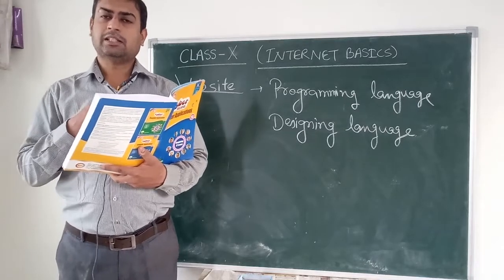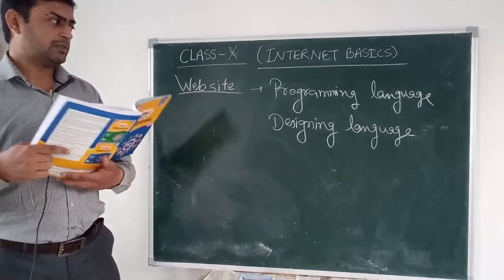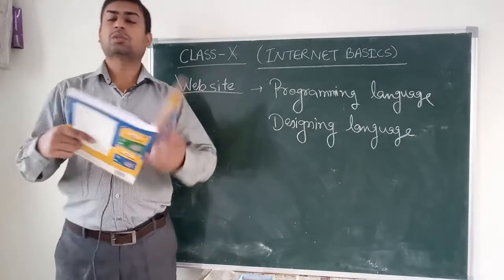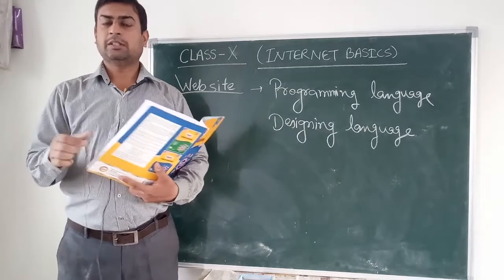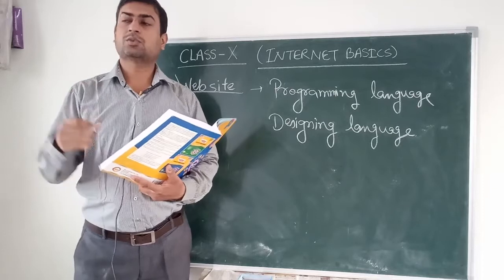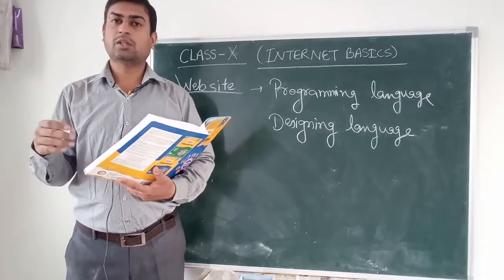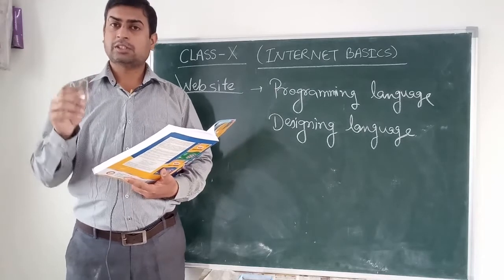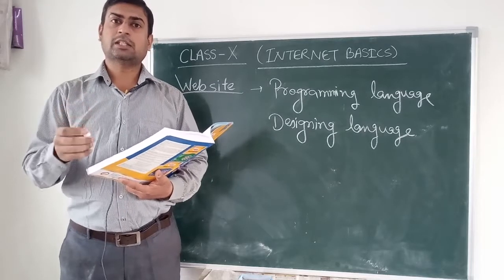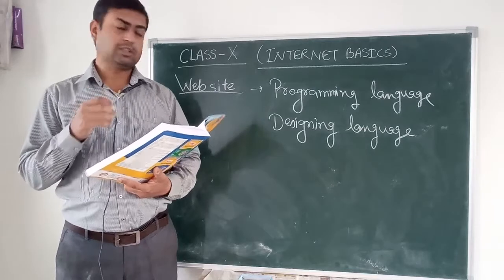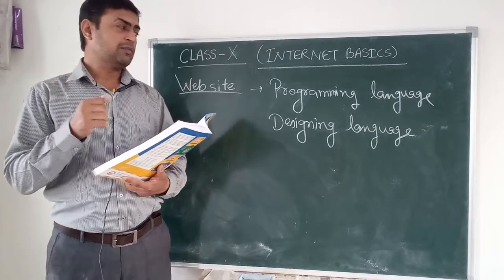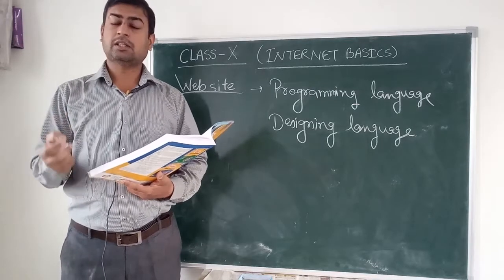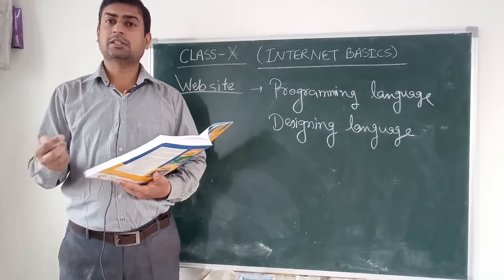The difference is, in programming language you are supposed to give the logics. Means you will not write anything to color, to make the text bold or to rotate the text or to give animation. You will write the logics, means what type of work you want, that is written in this programming language. The programming languages are Python, Java, C, C++, JSP, ASP.